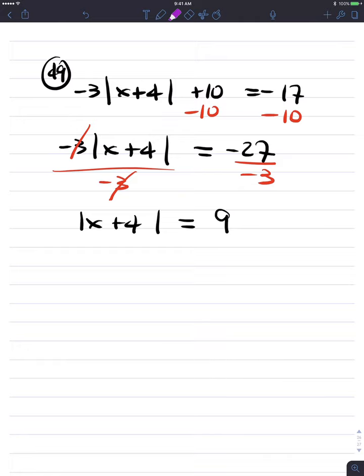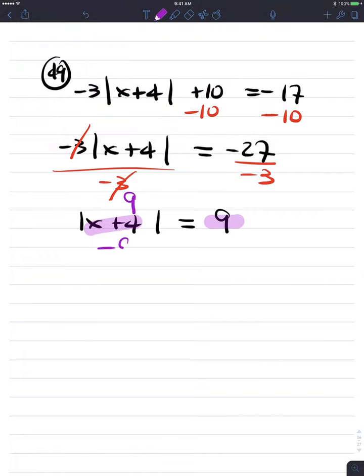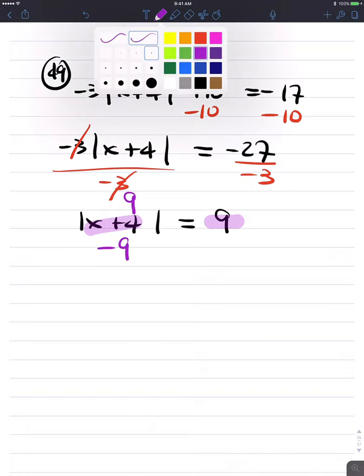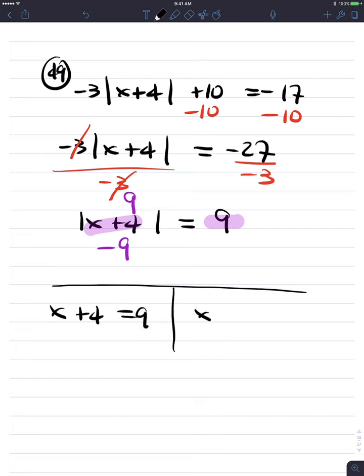Now again, in one case x plus 4 is positive 9, and in the other case it is negative 9. So the absolute value of both positive 9 and negative 9 is positive 9. I'm going to write this as x plus 4 is positive 9, x plus 4 is negative 9.